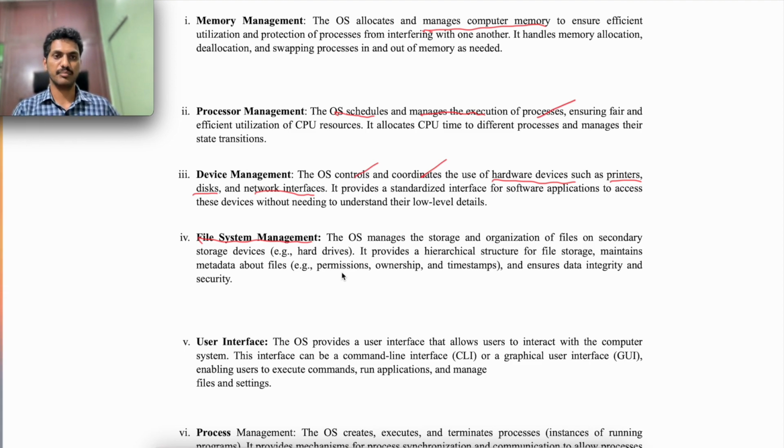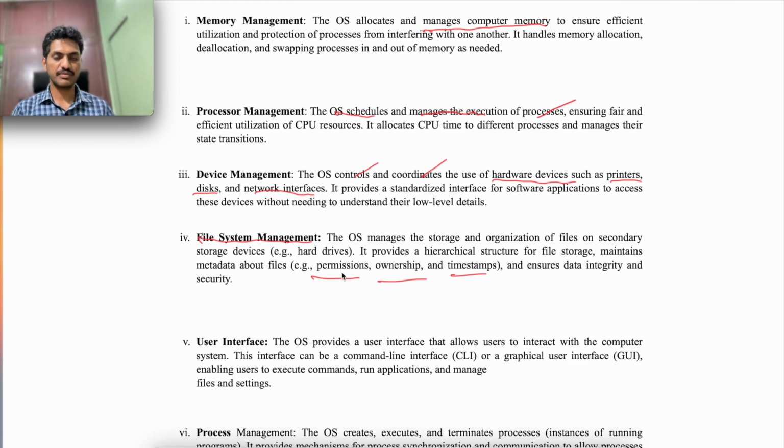Like that in the computer also we need to keep the files in a proper way. Personal files in some folder, office files in some folder, subject files in a separate folder. Like that we need to manage the files. So efficient utilization of storage is important. And permissions, ownerships, and timestamps are also taken care of by the operating system.